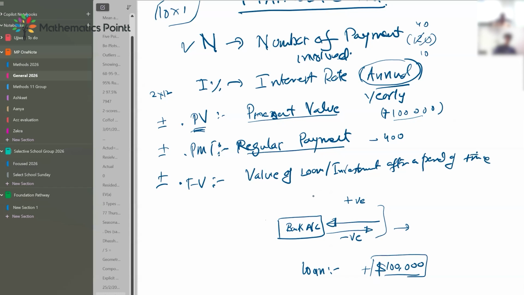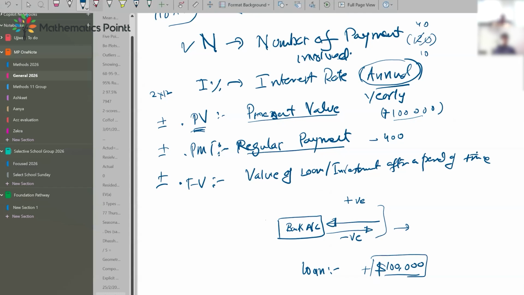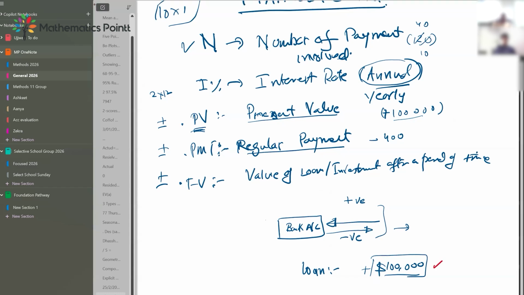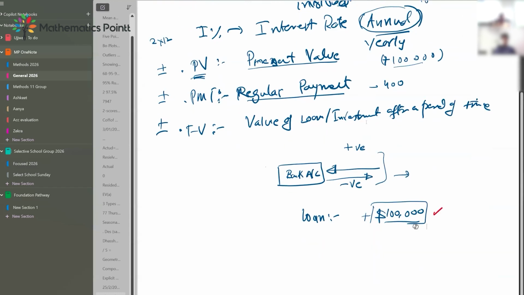Now, if I have taken a loan, let's understand this. Let's say I've taken a loan of 100,000 and I'm doing a PMT, that means a regular payment of $400. And let's say this loan that I've taken is for 10 years and I'm paying monthly.